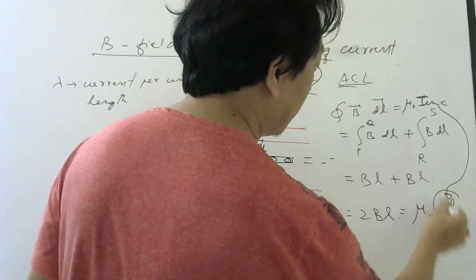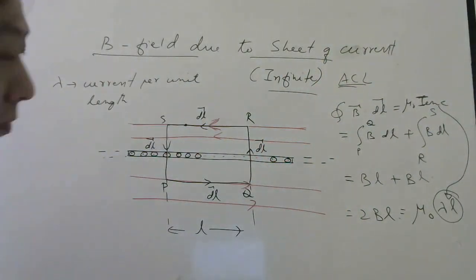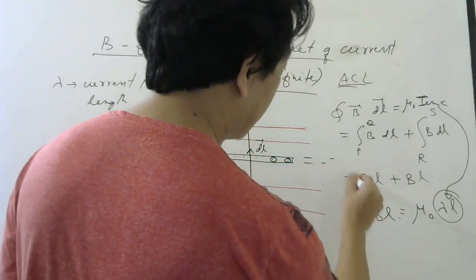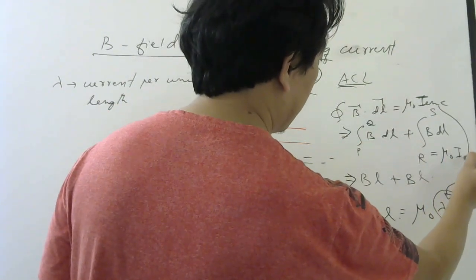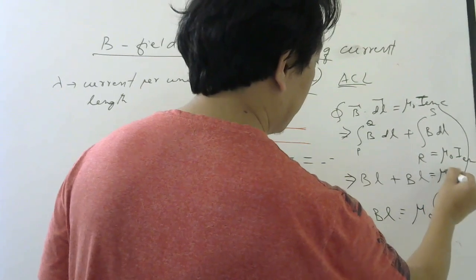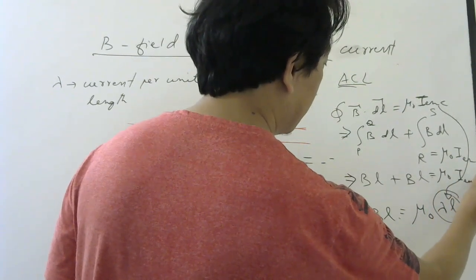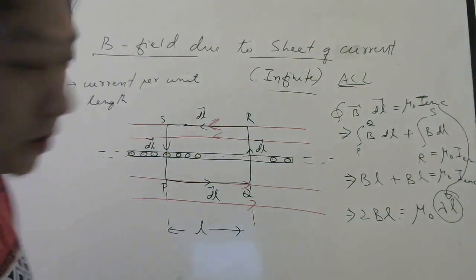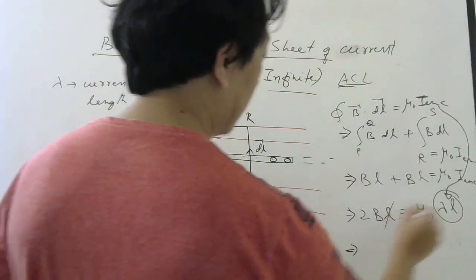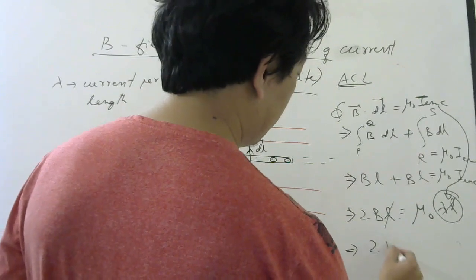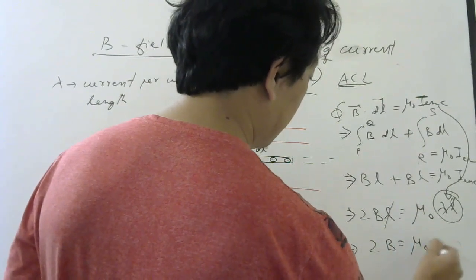So L cancels, and 2B will be equal to mu naught lambda.